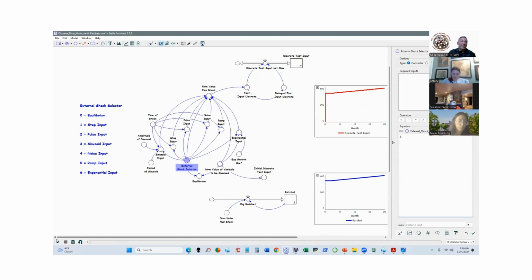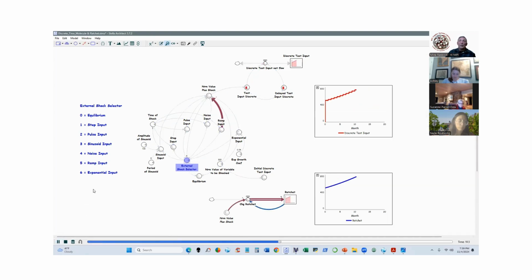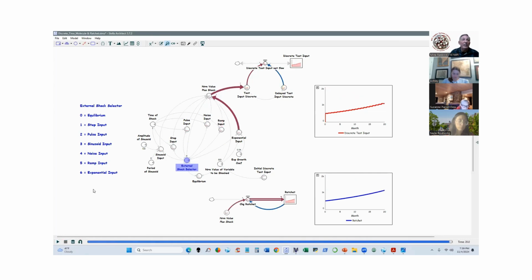And six is exponential, and you can see that a little more clearly. So if we need to go discrete to feed into something that would satisfy somebody else, a discrete formulation, maybe it's going to satisfy us for all I know. There's a way to do that.